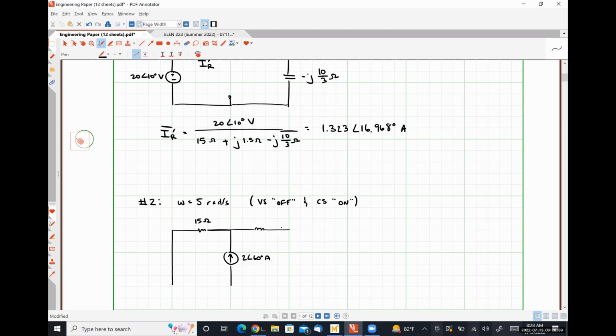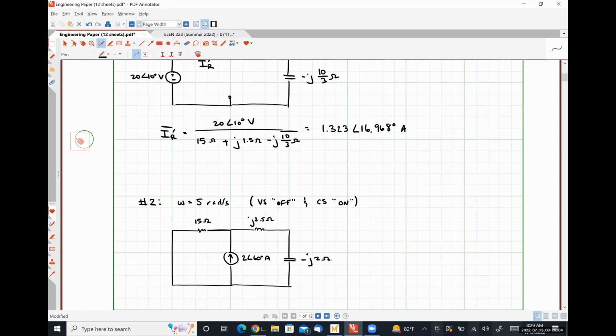We're going to have j times 5 times half a Henry now. So this is going to look like j2.5 ohms. And our capacitor is going to look like, I believe, minus j2. Again, just to make sure, I'm going to double check that.